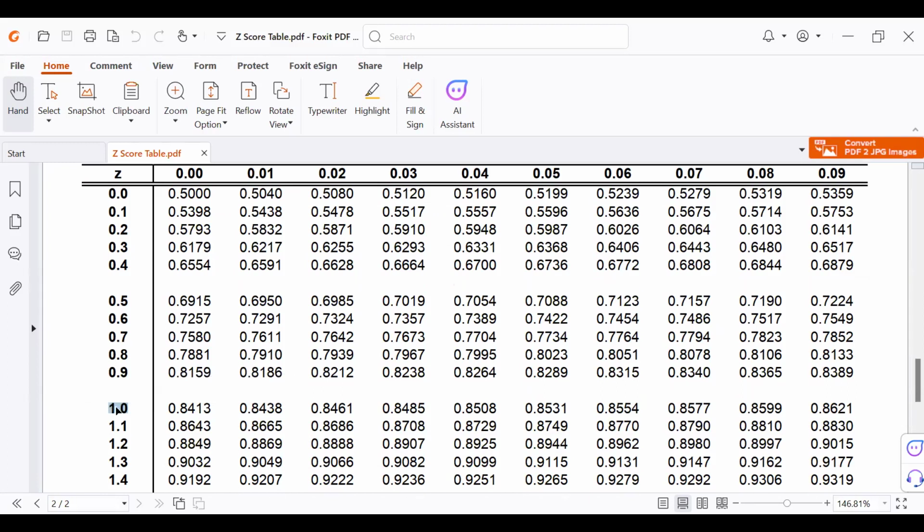So 1 is the same as 1.00, isn't it? So under 1, we have 0.84. So the interpretation is that the probability that people got less than 85%.